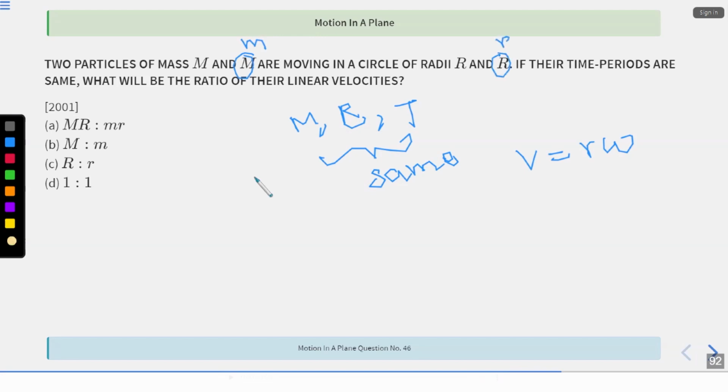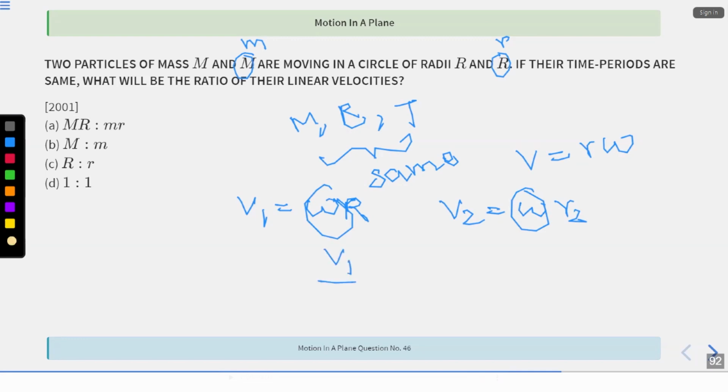So V1 is equal to omega R1, where R1 is basically R. V2 is equal to omega R2. Our omega would be the same because the time period is the same.